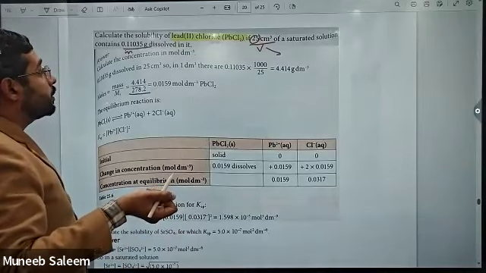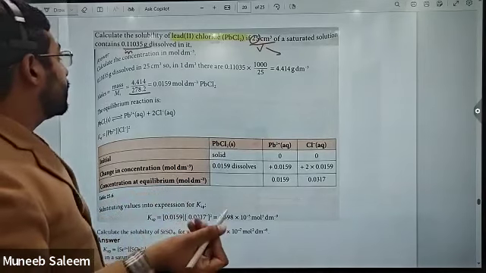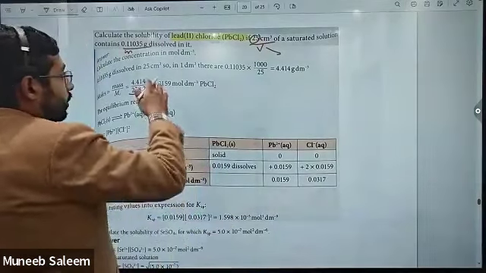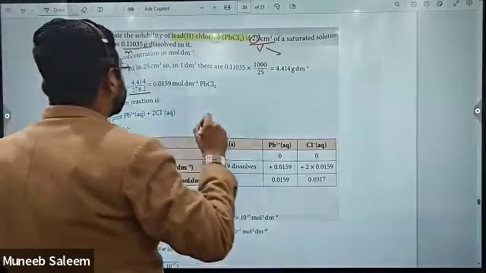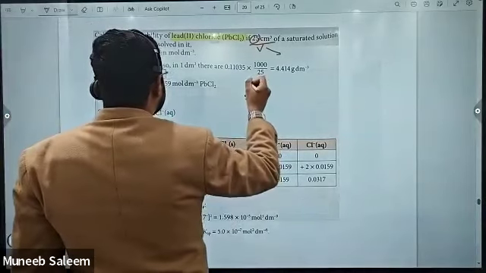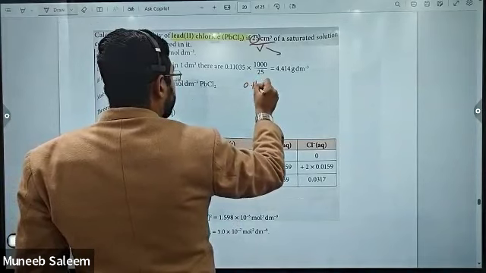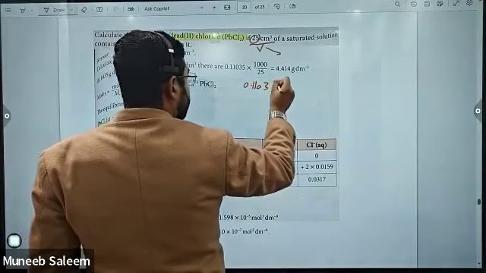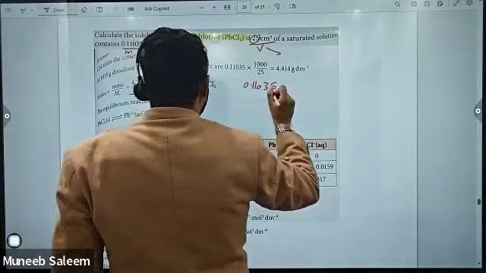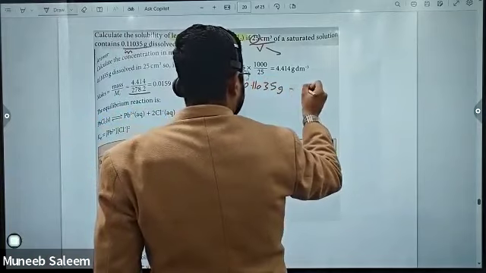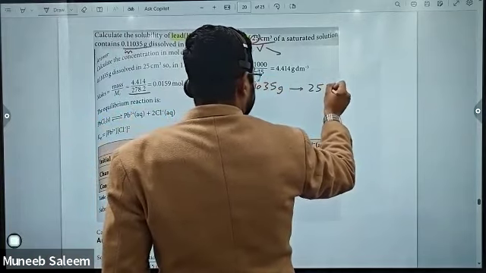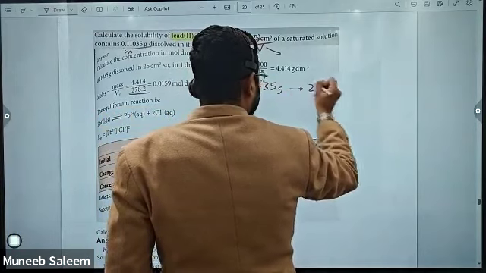We can take the relationship of the volume and the mass. We can say that 0.11035 gram was dissolved in 25 cm cube.